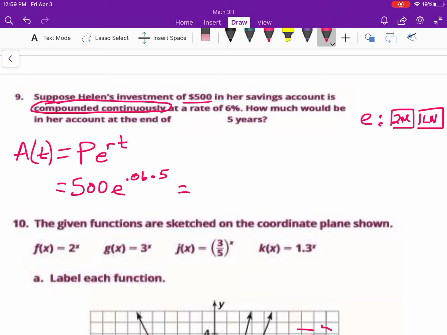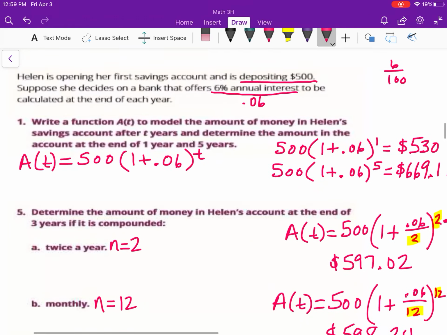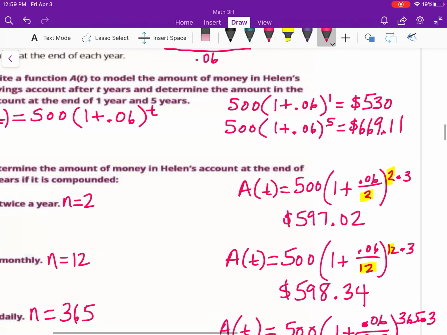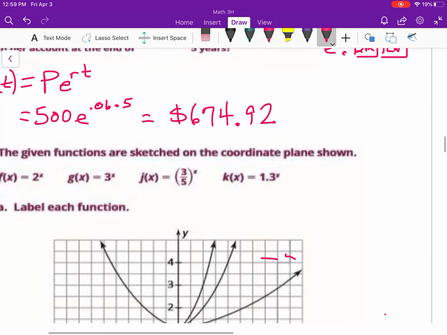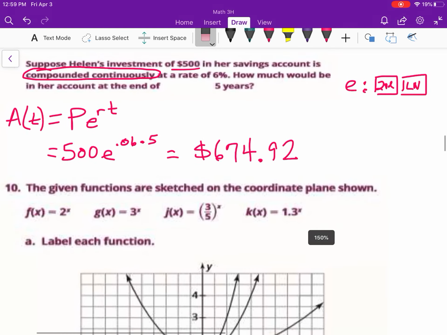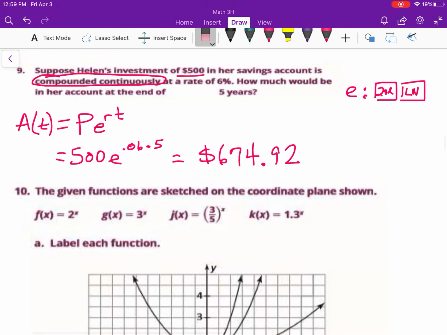Enter, and you get $674.92. Notice compounding continuously in 5 years. Up here the 5 years was $669.11. But we did it continuously, and now it's $674.92. So you get a little more money. So it just depends on where you're going to put that money.